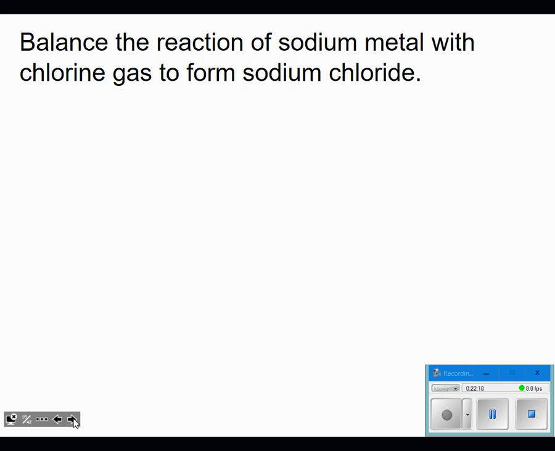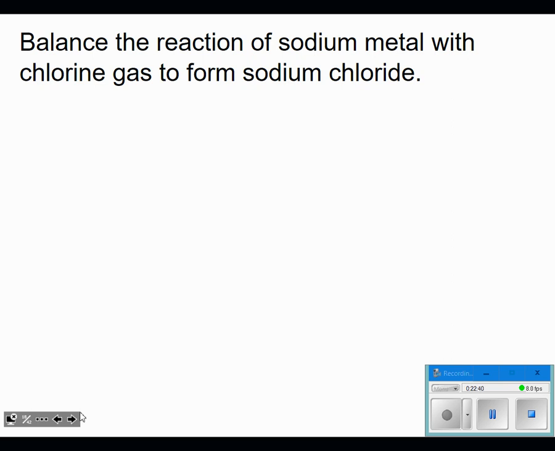So balance the reaction of sodium metal with chlorine gas to form sodium chloride. Okay, so sodium metal is Na. Chlorine gas, chlorine is Cl, but it's a diatomic, so it has to be Cl2. Sodium itself is Na with a positive 1 charge for our ionic compound.